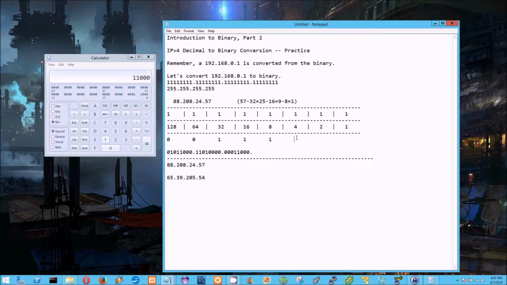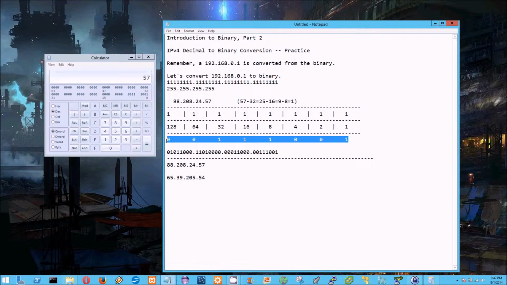And the only one that works for is the last one. 57. Let's take a look. 0, 0, 1, 1, 1, 0, 0, 1. There you go. This is the IP address converted into binary of this one.